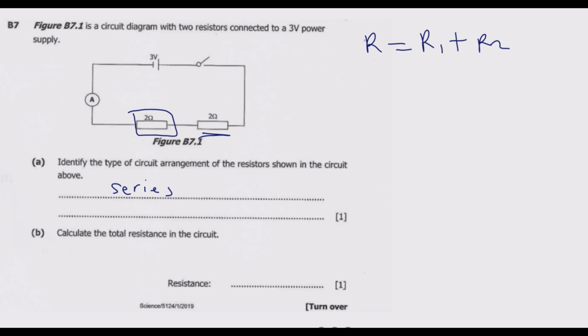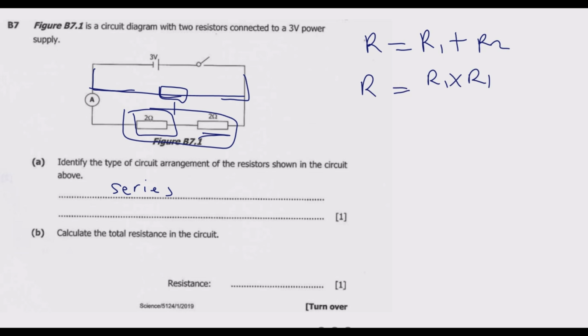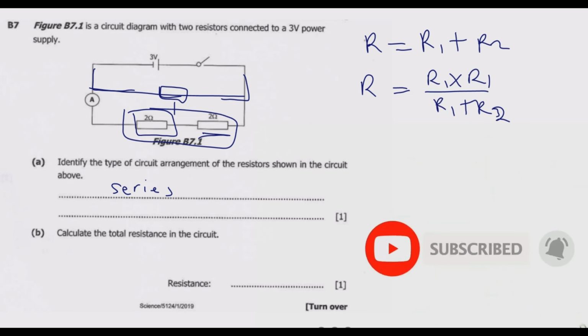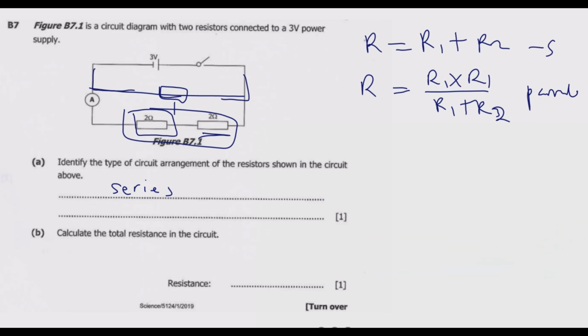If it was a parallel circuit, which would look like this, even if one is off, the other would still work because the potential difference could go through this line. Then total resistance would be R1 multiplied by R2 over R1 plus R2. If there are 3, you multiply the 3, then divide by the summation of the 3. So this is for parallel, and this is for series.